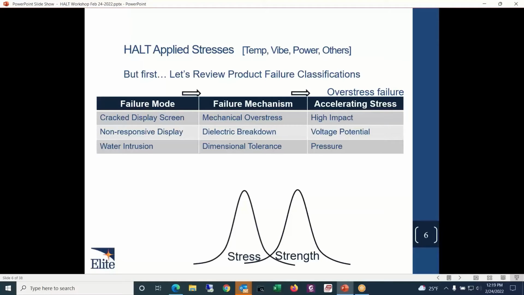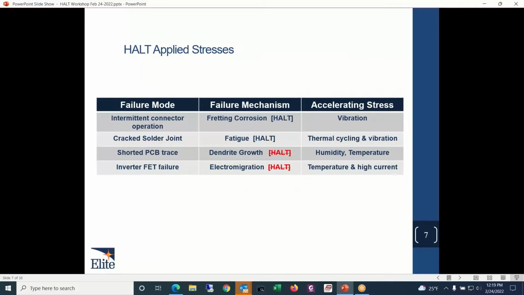But not all stresses create overstress failures, right? Not all failure mechanisms are based strictly on an overstress test. Some failure mechanisms are based on time, or some sort of cycle-dependent relationship.